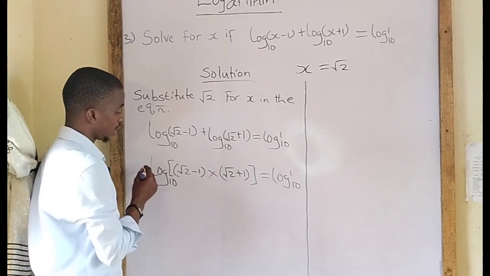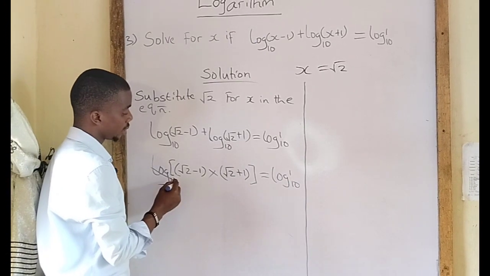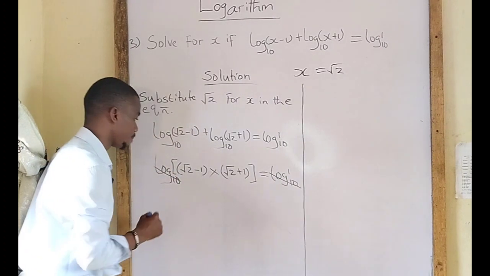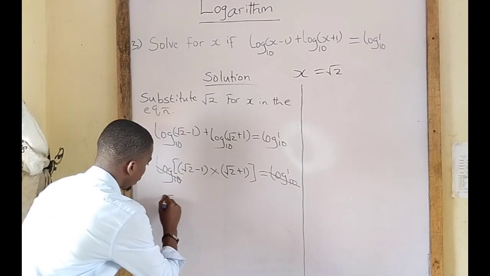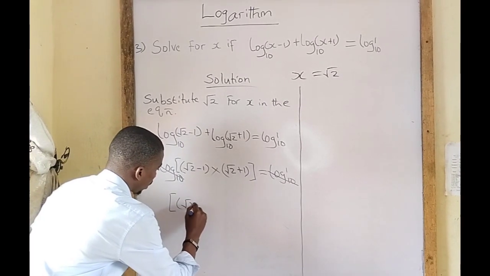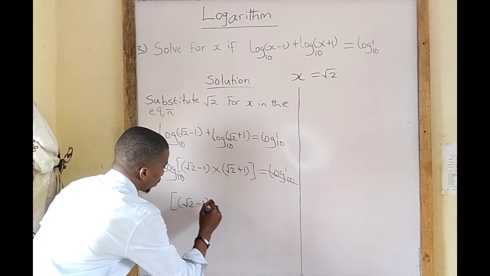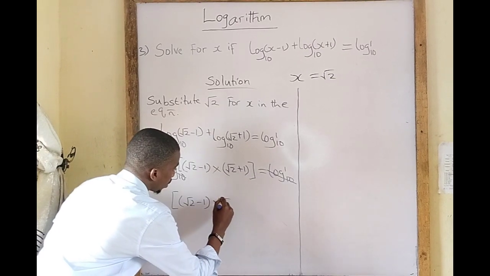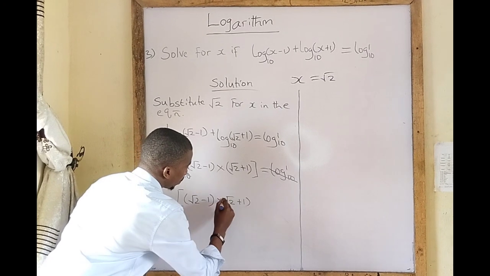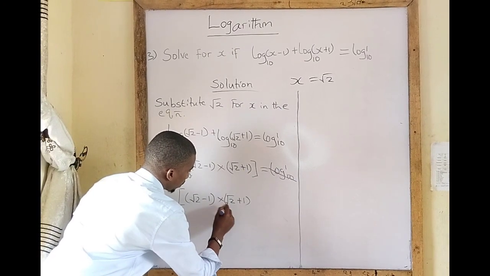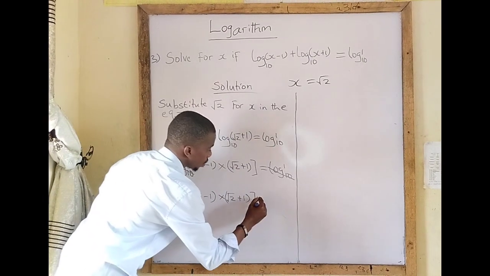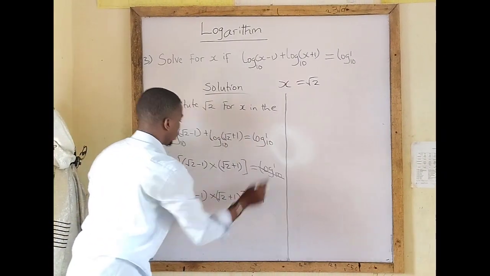So log base 10 will cancel log base 10, so that we have this equal to... times (root 2 + 1), close parenthesis. So this is equal to 1 here.